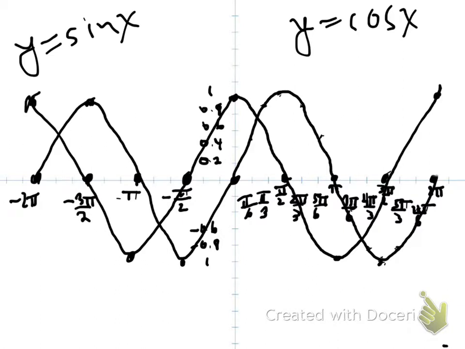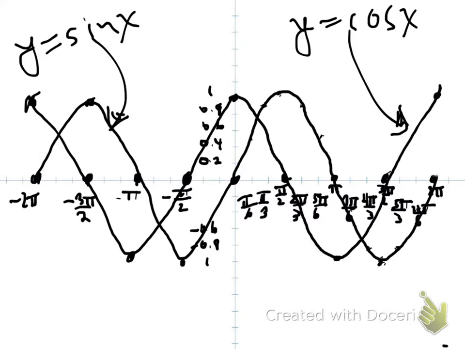Boom. Alright, so this right here is y equals cosine of x, and the sine of x is right here. Alright?